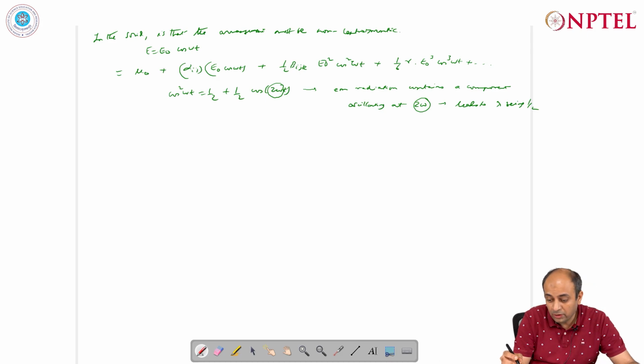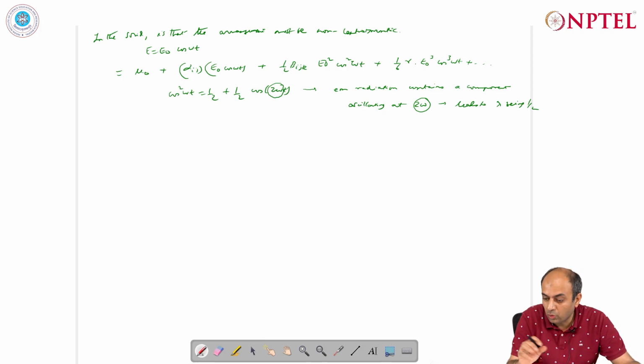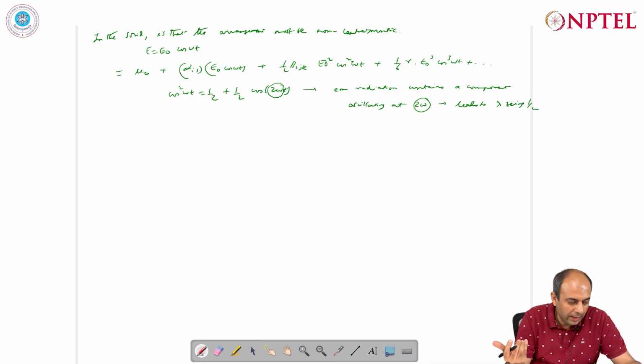And what is also very important is the design of NLO materials. If you have materials which do not have a high magnitude of the hyperpolarizability coefficient, that is beta, then they are not going to function as efficient NLO materials. Number 1. Number 2, we also need to arrange the molecules in a non-centrosymmetric fashion.